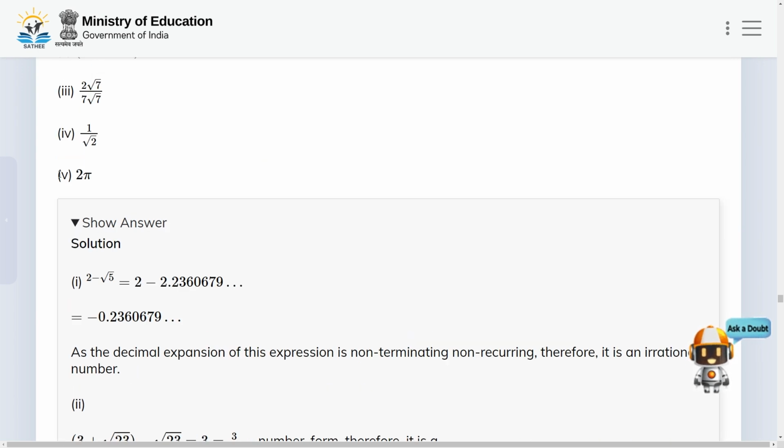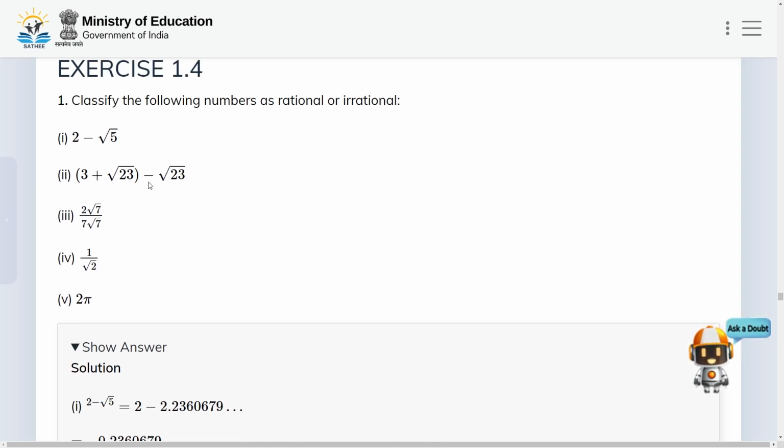So 2 pi is also an irrational number. Among these 5 numbers, the first one is an irrational number, the second one is a rational number, and the third one is also a rational number.